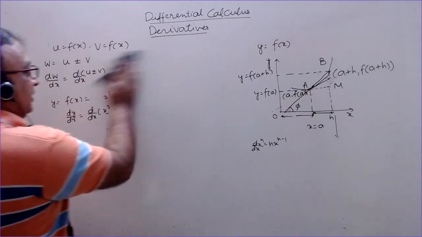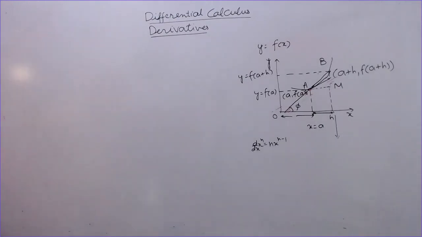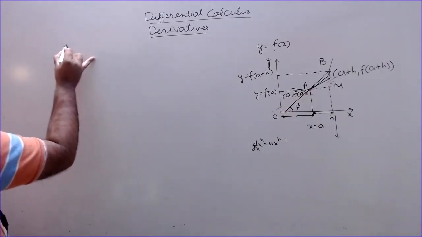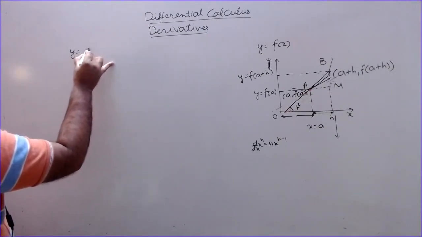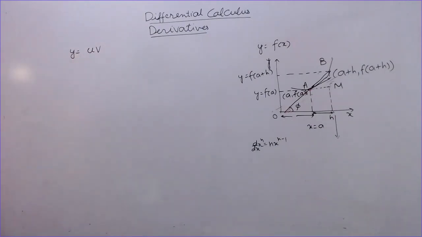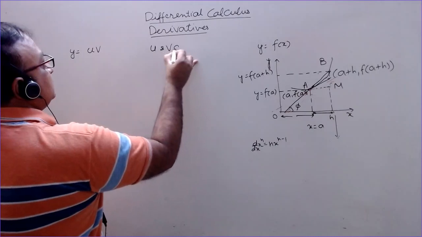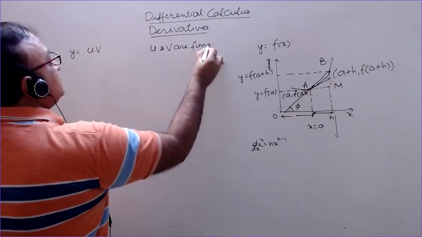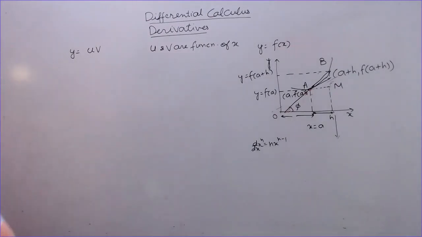Now we can find the derivative of a function which is expressed as the product of two functions with the same variable. u and v are two functions of x, and y is a function of u and v. u and v are functions of x, so y is also a function of x.